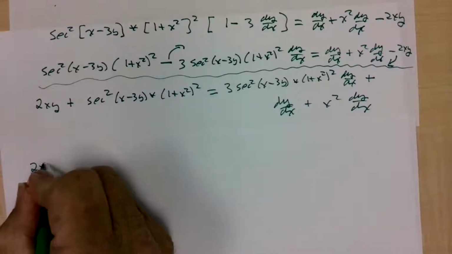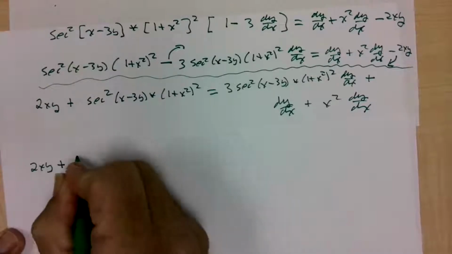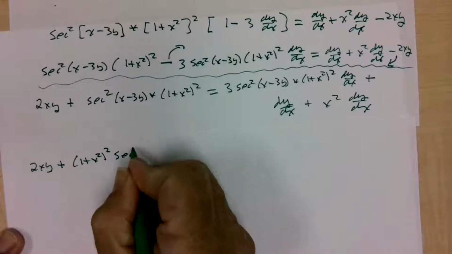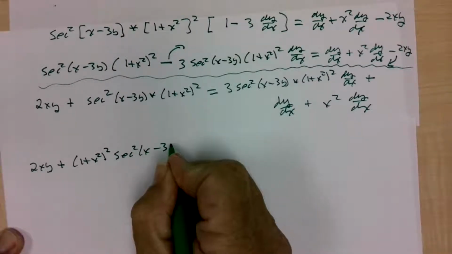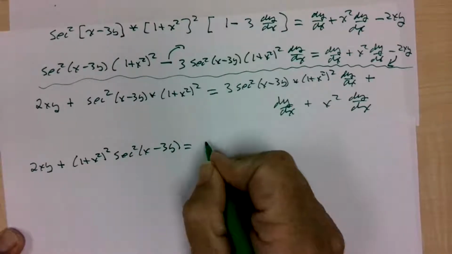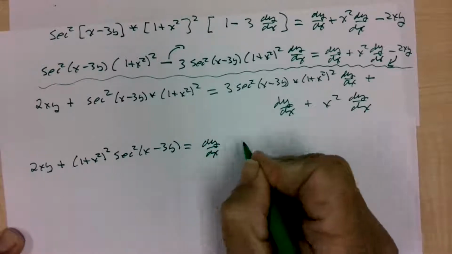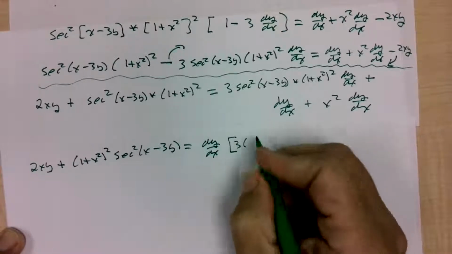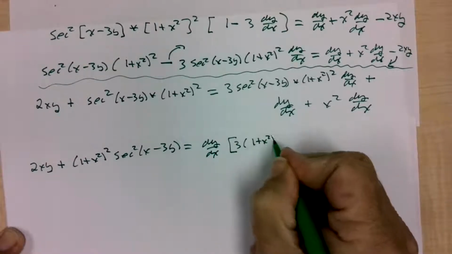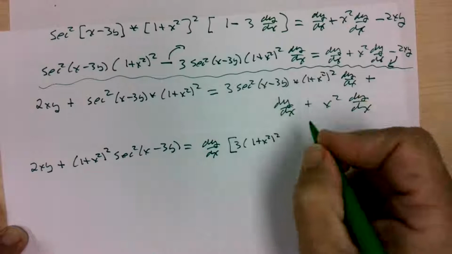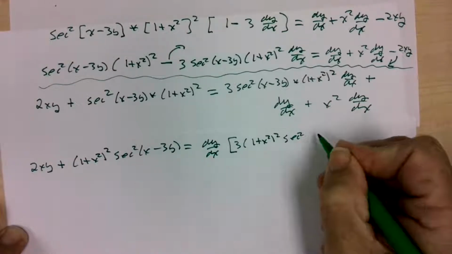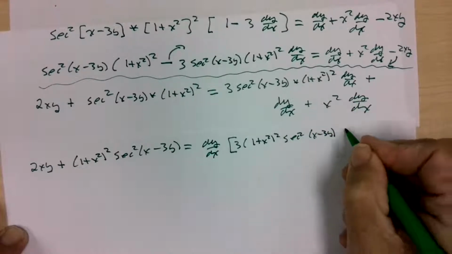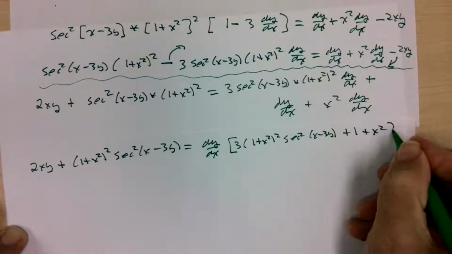I'm going to rewrite this as plus (1 plus x squared) squared times secant squared x minus 3y, just to make it a little cleaner, equals dy/dx times all of this stuff, which I'm going to again write 3, (1 plus x squared) squared, secant squared x minus 3y, plus 1 when I factor out the dy/dx, plus x squared.